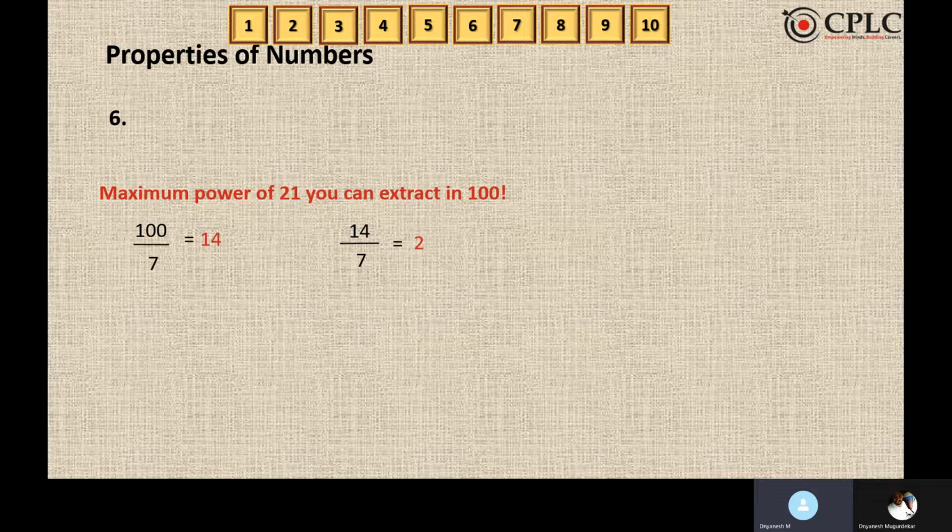And whatever answers you have got, you add all of them. So 14 plus 2, you get 16 as the answer. So there are a total of 16 sevens that you can extract from 100 factorial, resulting in 16 21s that you can extract from 100 factorial.